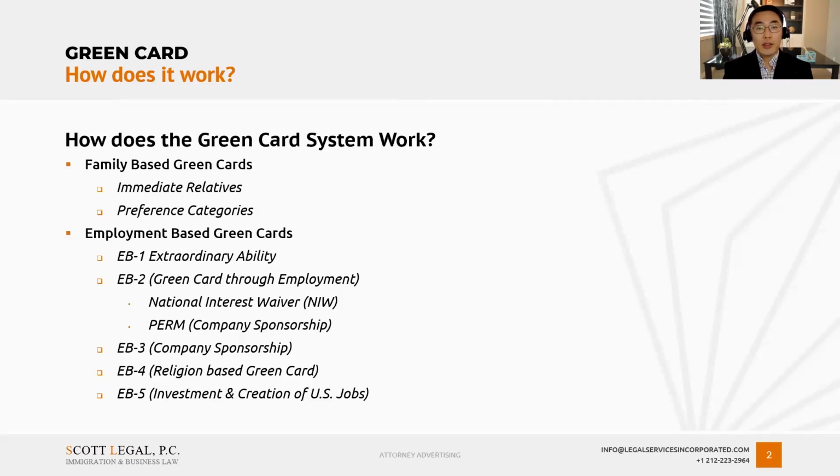The U.S. green card system is primarily broken into two ways. One is family-based, and the other one is employment-based. Under the family-based, the immediate relatives category is for the U.S. citizen's spouse, unmarried children under the age of 21, and parents if the sponsoring child is over 21.